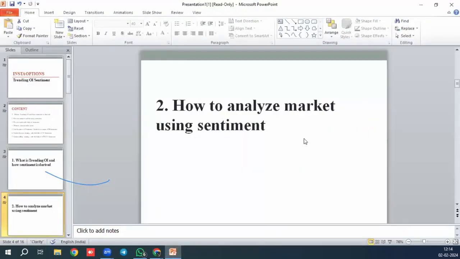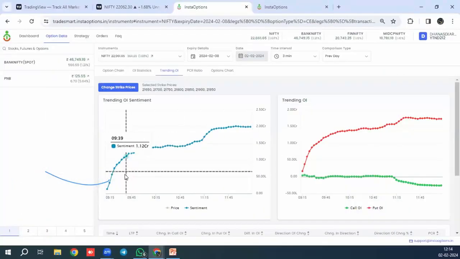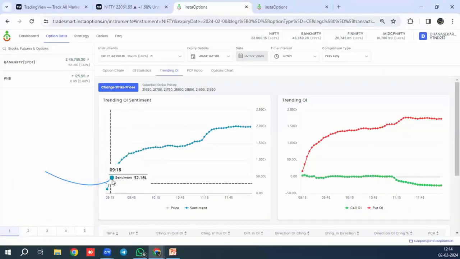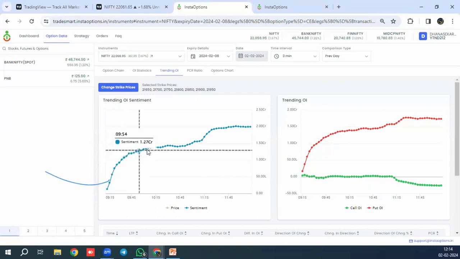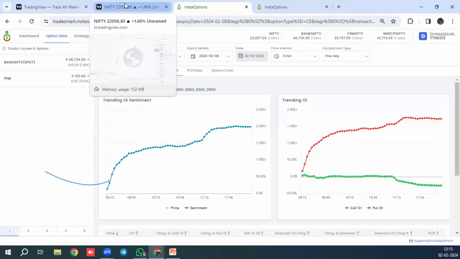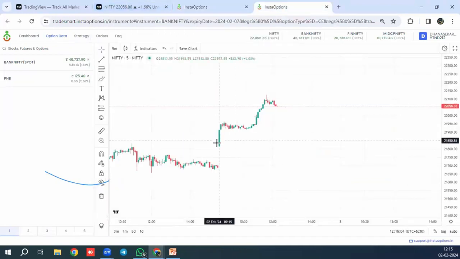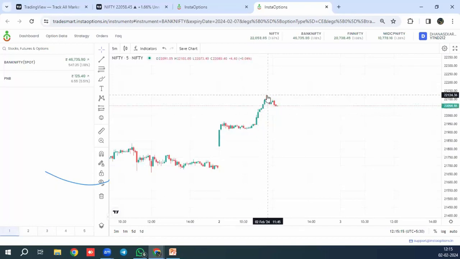How to analyze the market sentiment? Let's say sentiment is going positive and there is a huge consolidation. Let's go to the Nifty chart now. Sentiment going positive and there is a huge consolidation, right? As we all know, whichever side this consolidation breaks out, the market is going to move in that direction.